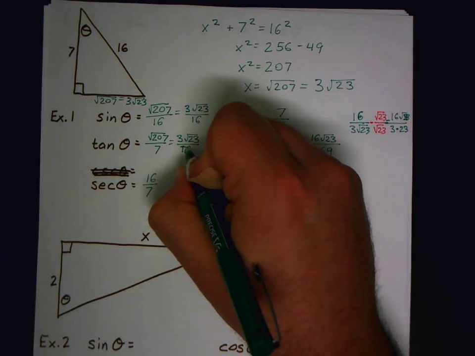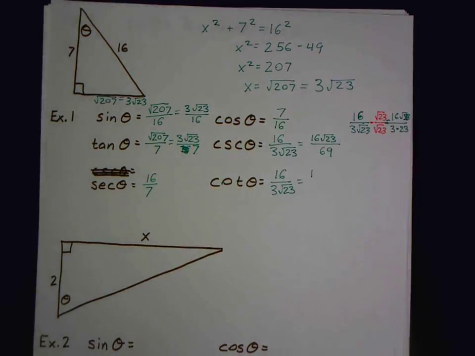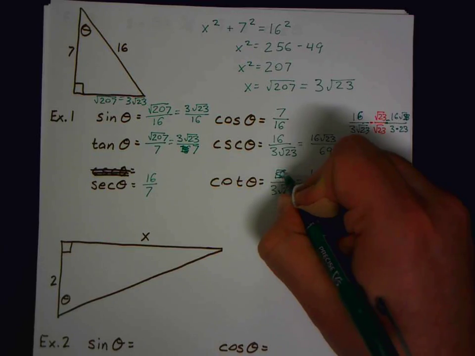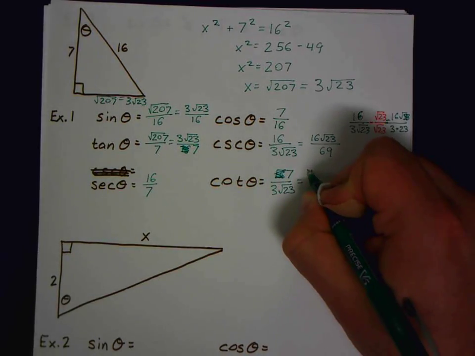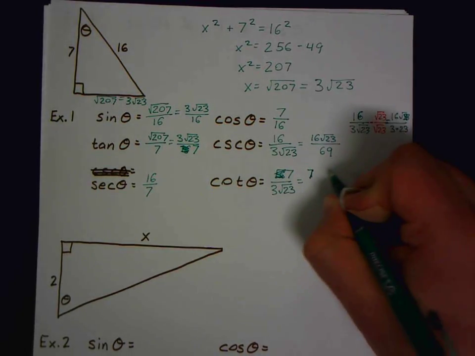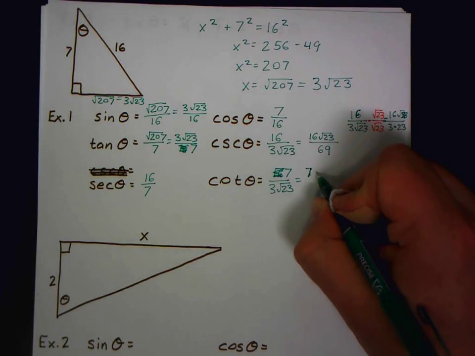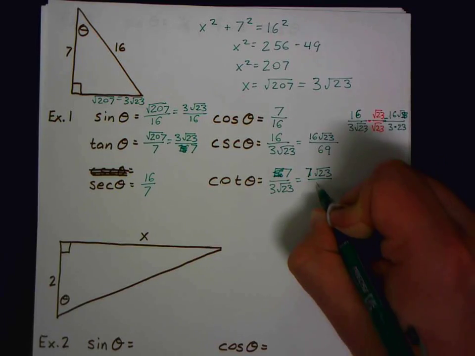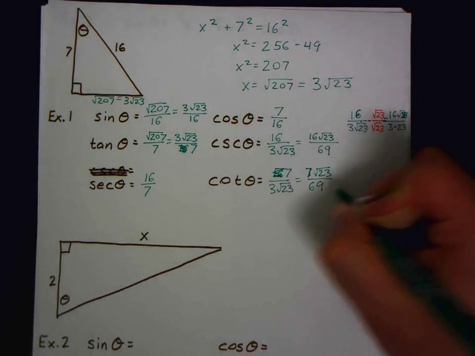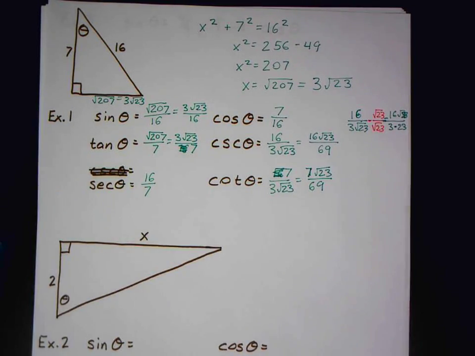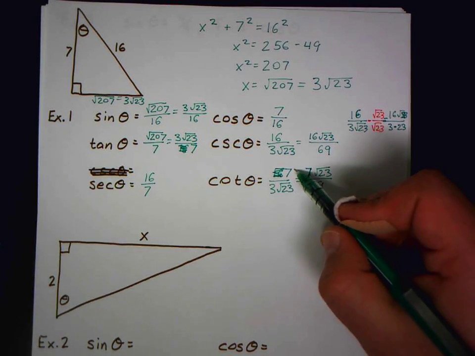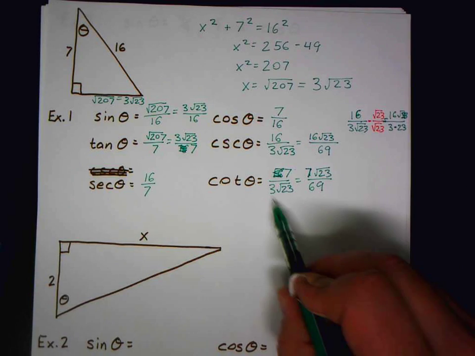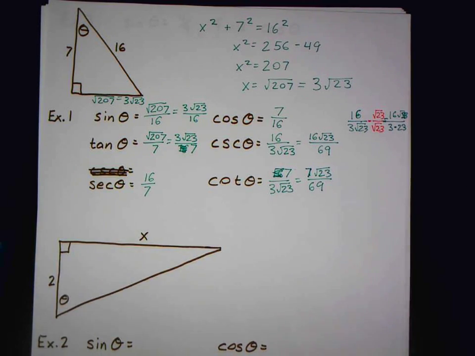Oh, I messed that up, sorry. Whenever I was rewriting, that should be a 7. So it should be 7 over 3 radical 23. So I move the radical 23 up to the top, leave a 23 on the bottom, which should be 69 again.